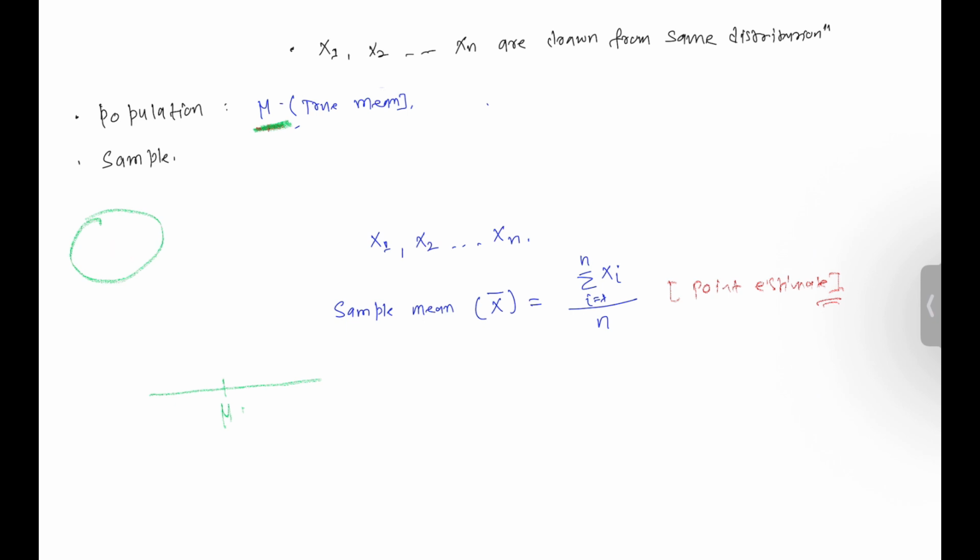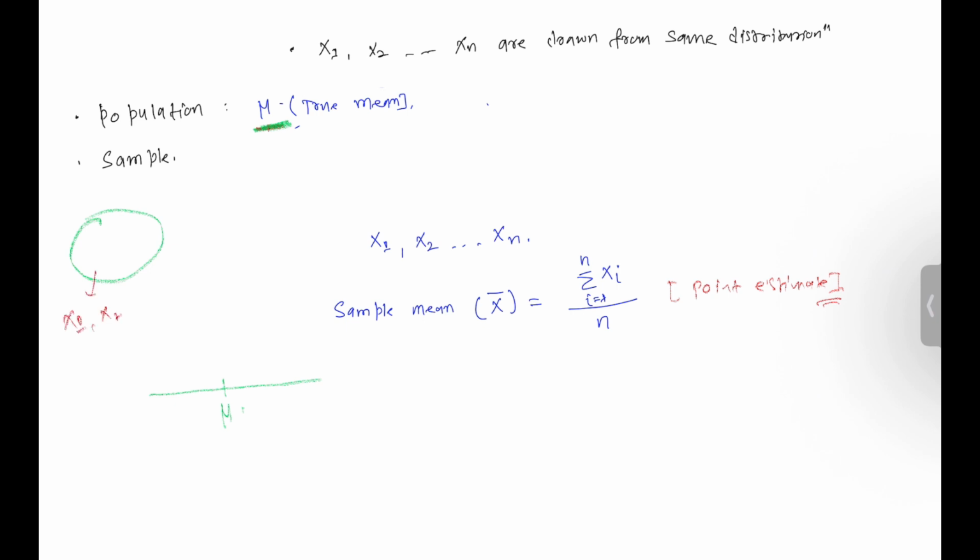And it will have some properties like mean, expectation, and variance. And what we are trying to estimate is the mean of this population, right? So on the very first day you take n random variables from this population.